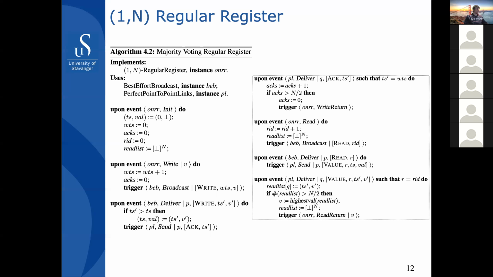So again, whenever the application wants to write a value, the value is broadcasted to all the processes, and the acknowledgement is sent. Just when we have more than half of the acknowledgements, then the write return is indicated to the application.